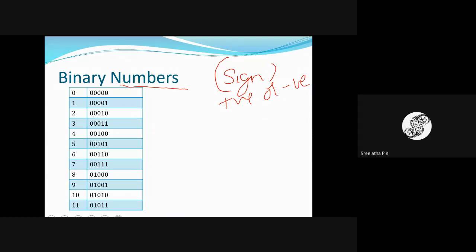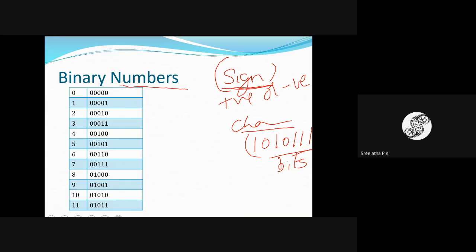Everything else, it can be a character or a string of characters, is represented by bits. It is just a string of zeros and ones to represent these characters or instructions. So there the problem of sign doesn't come.